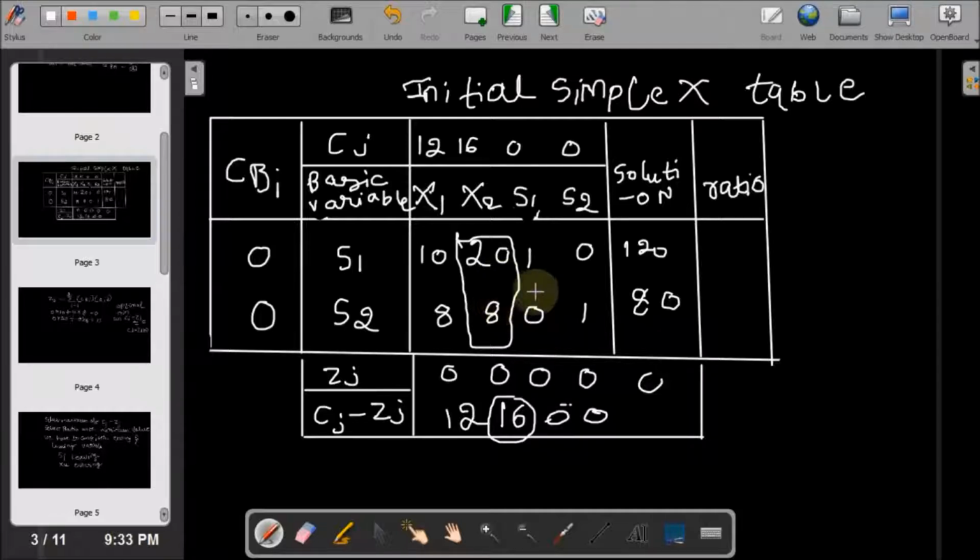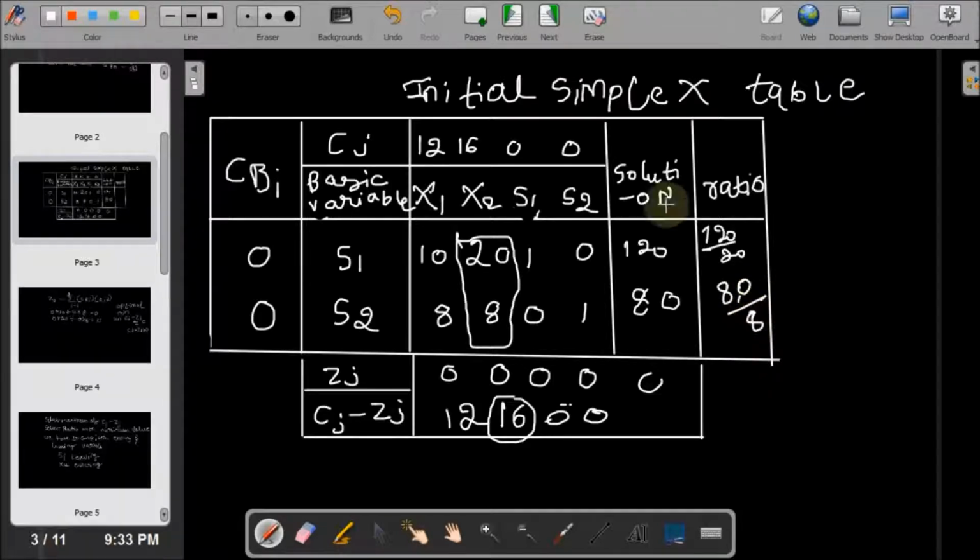Now how to find out the key row? To find the key row, I have to divide the solution value with the corresponding column value. 120 divided by 20. Next, 80 divided by 8.